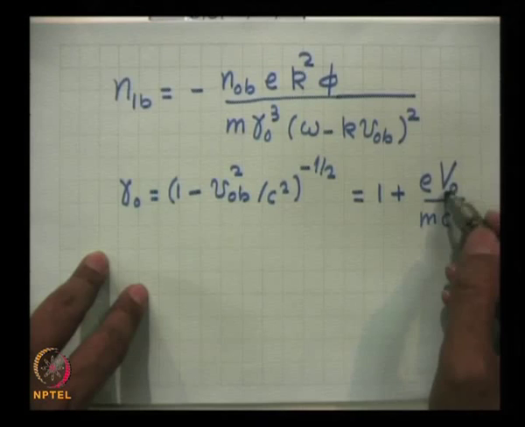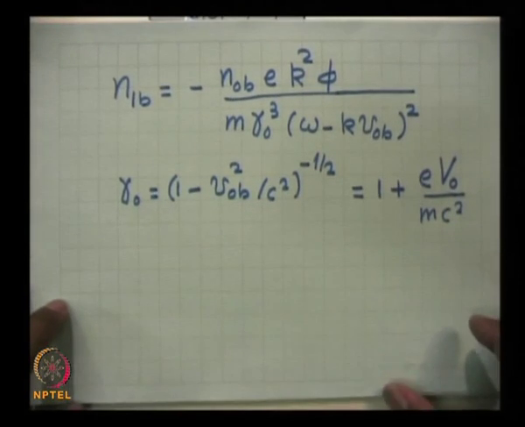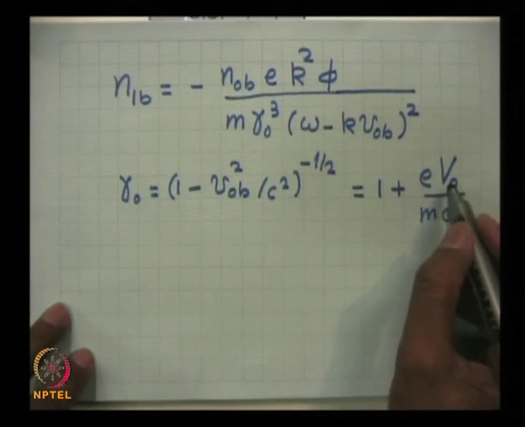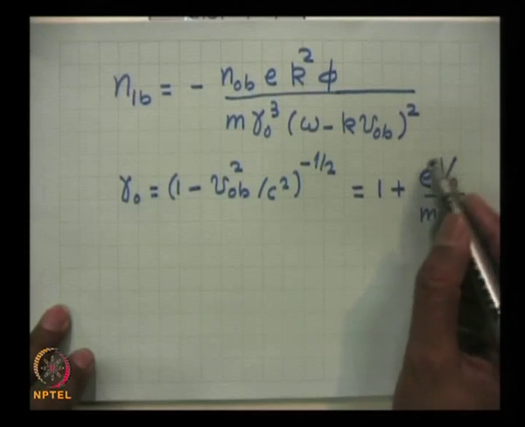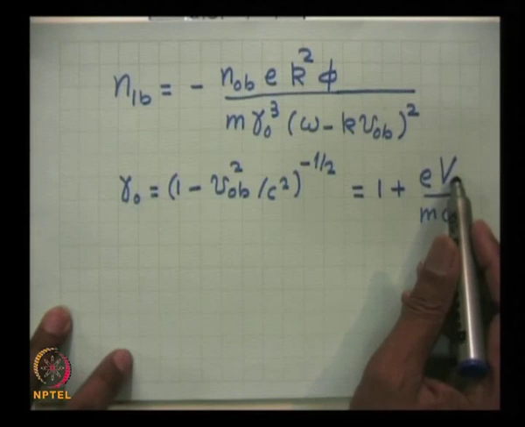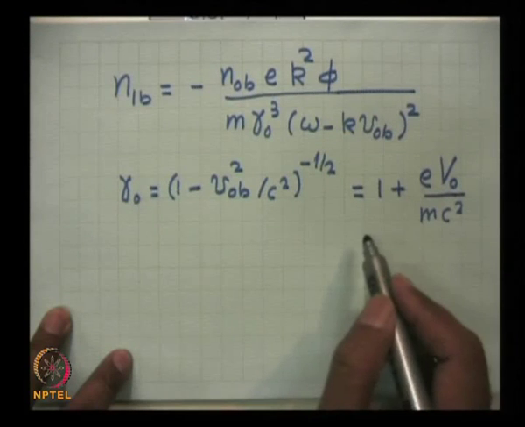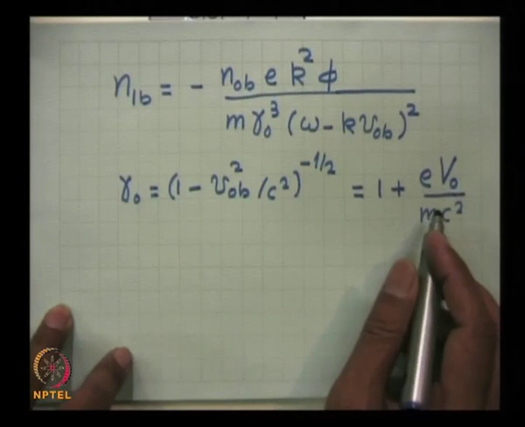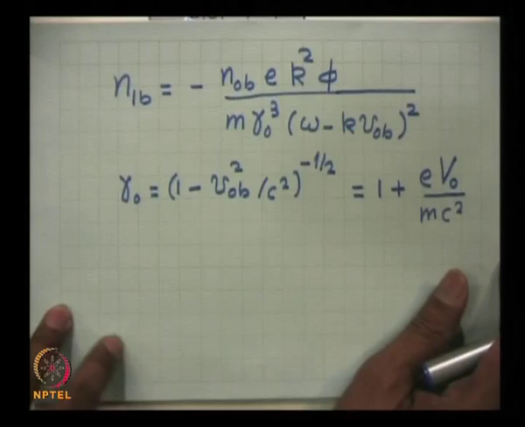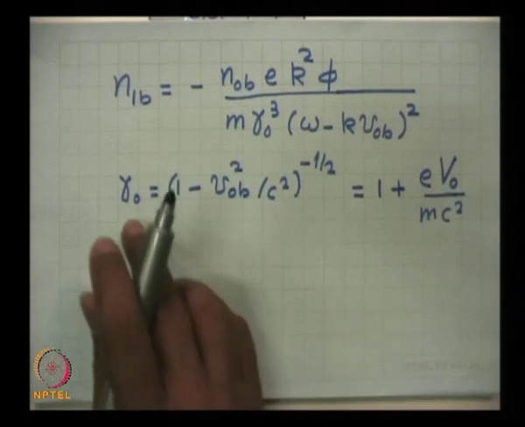So this is the voltage that you apply across the diode or the electron gun. So when you apply 1 million volt, this quantity becomes 2, gamma becomes 3. When you apply 500 kilovolt, then this quantity is unity, gamma is equal to 2. So it depends on how much voltage you apply to the electron gun that is producing the electron beam. Gamma 0 can be controlled.